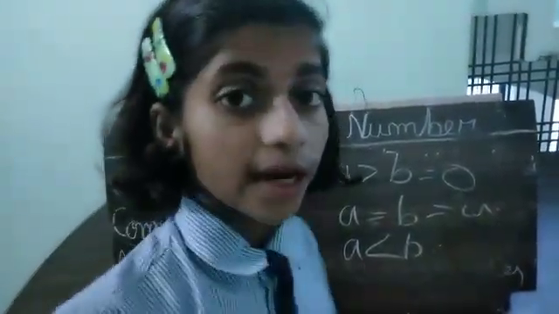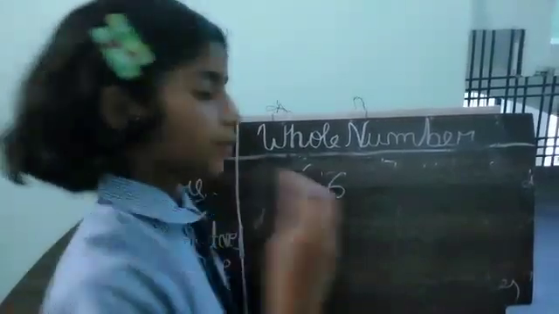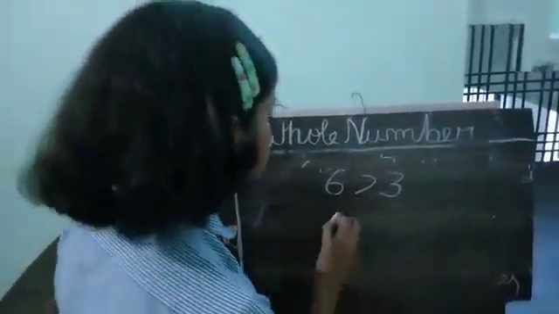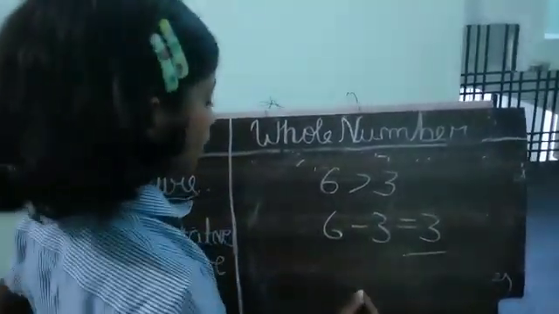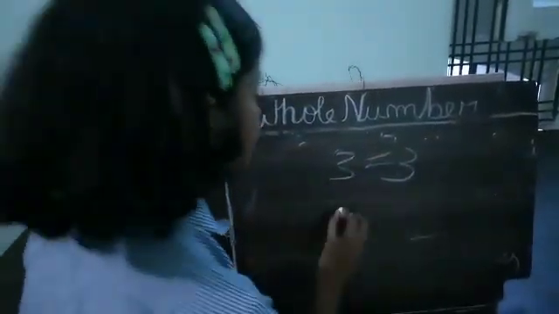Now we learn this with numbers. The value of a is 6. The value of b is 3. 6 is greater than 3, so 6 minus 3 equals 3, and 3 is a whole number. Second condition: if 3 and 3 both are equal, then 3 minus 3 equals 0.